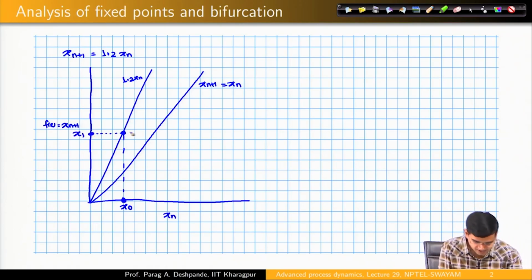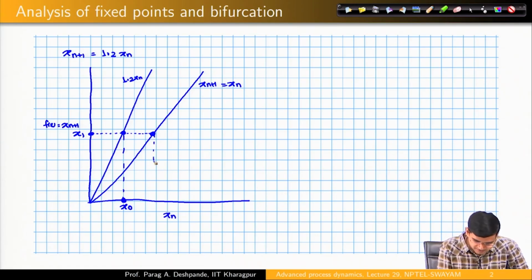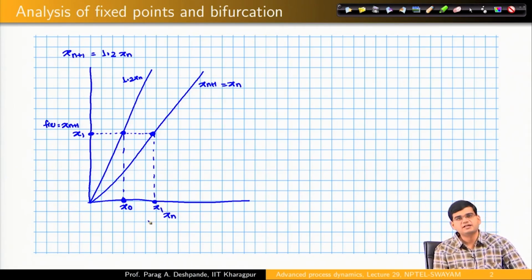If this is x 1, on x n plus 1 is equal to x n, this will become my x 1, right.